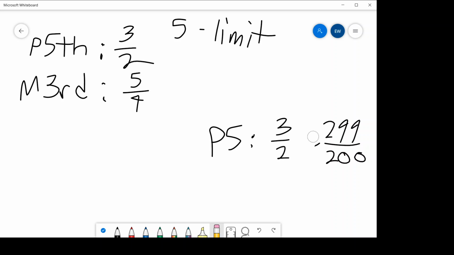So maybe I should put a less than symbol there. However, it's not off enough for the ear to say that's disgusting. So we have this apparent contradiction here, where a 299 to 200 ratio has massive numbers, should be horrifically dissonant, but in reality, it just sounds like a 3 to 2.